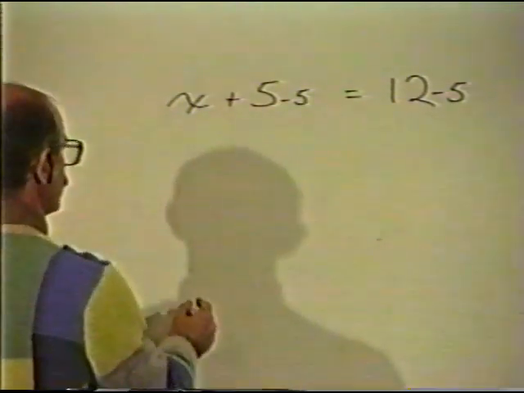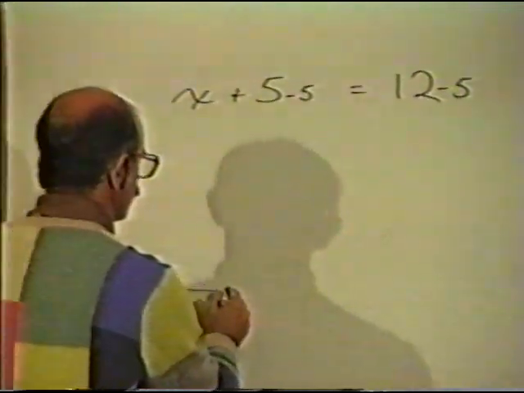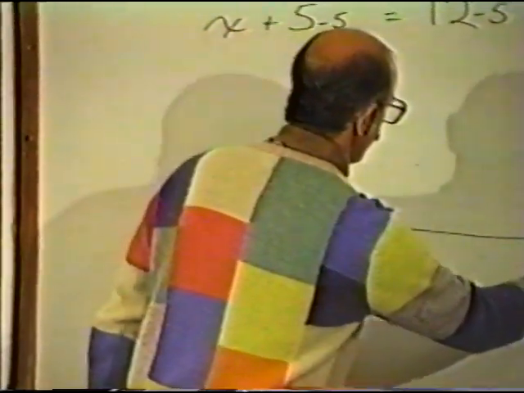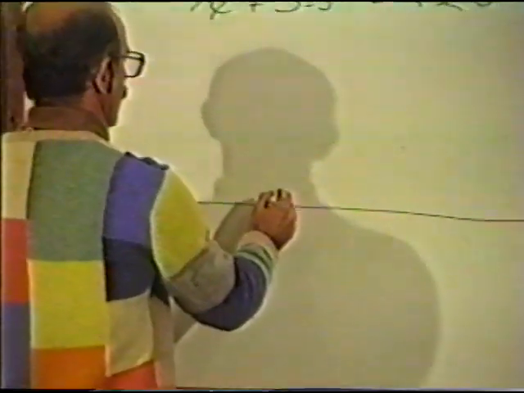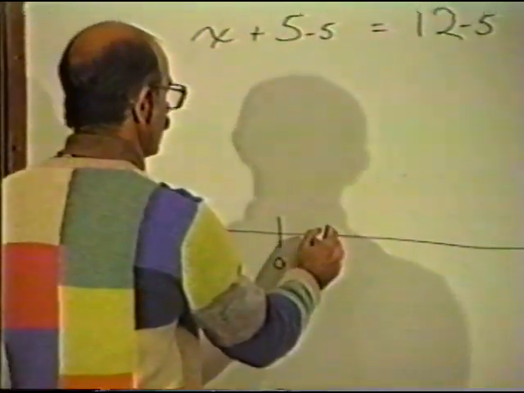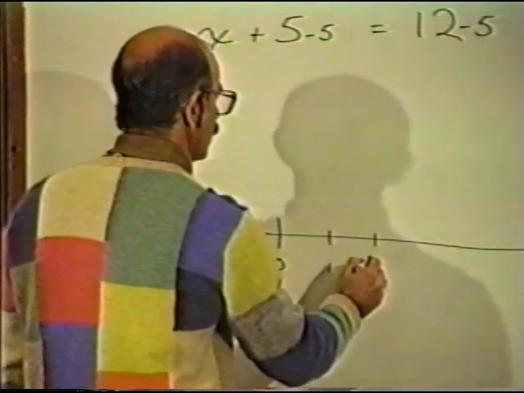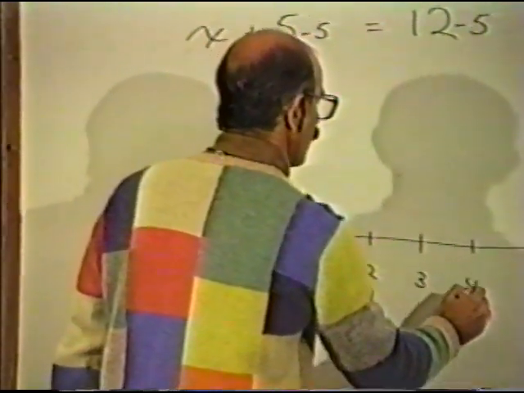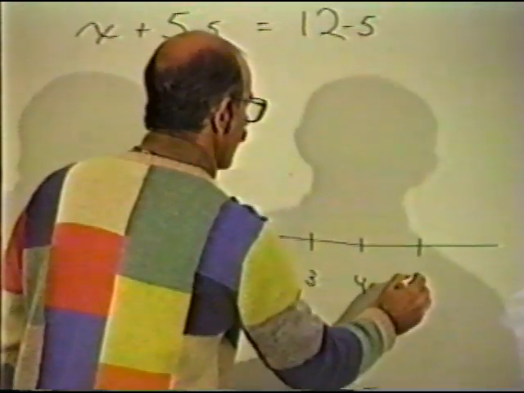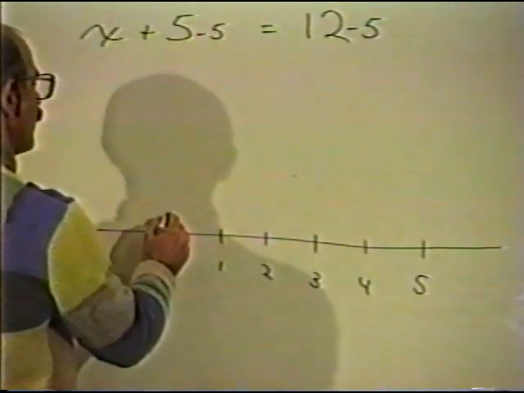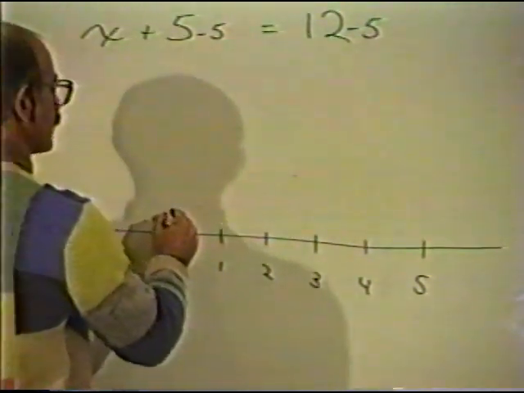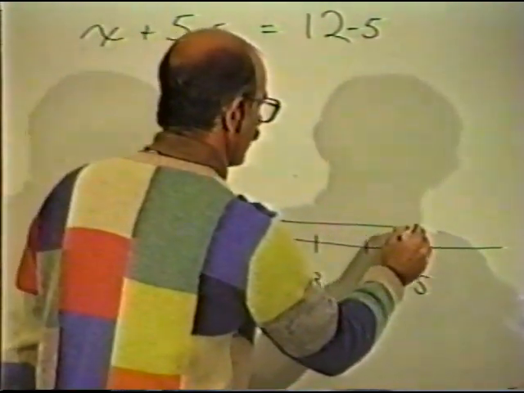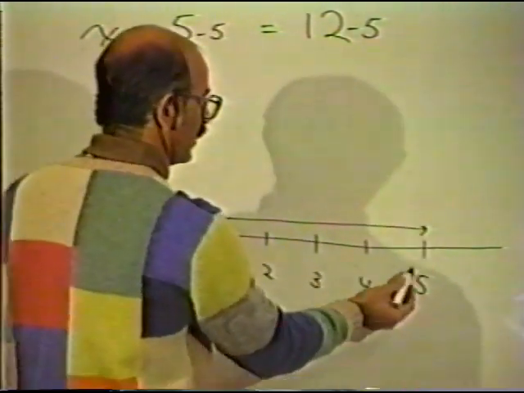Let's take a moment to show why that's true. Here is what we call a number line. 0, 1, 2, 3, 4, 5. We started out and our first number was plus 5. That brings us out to here.